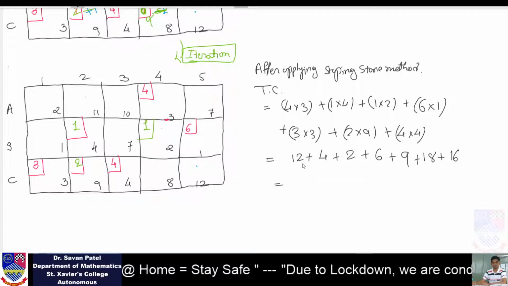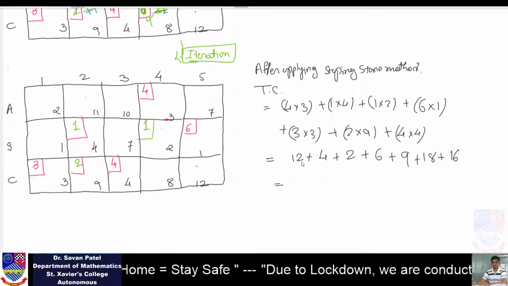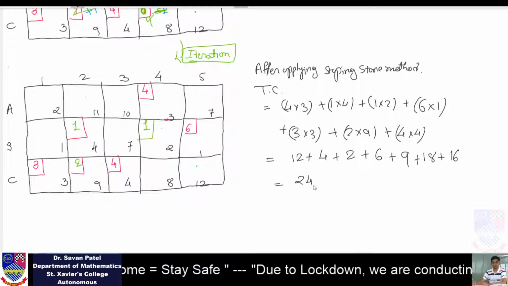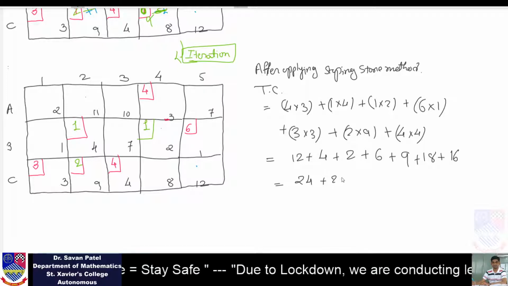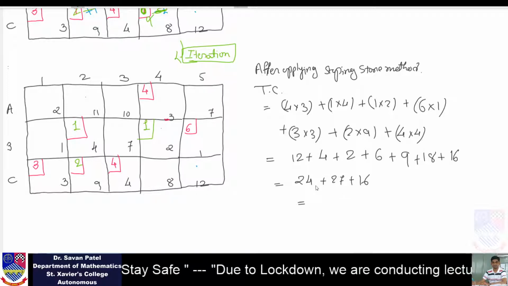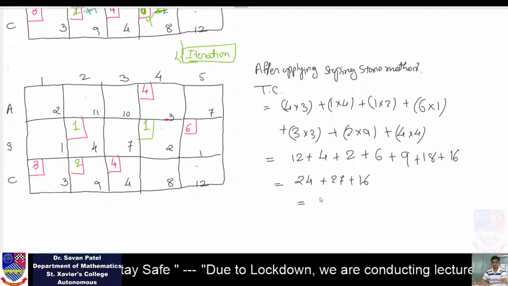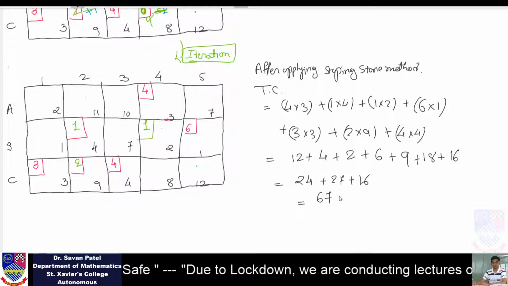So here we have 10 plus 14, so it is 24, plus 27 plus 16, so it is 67.